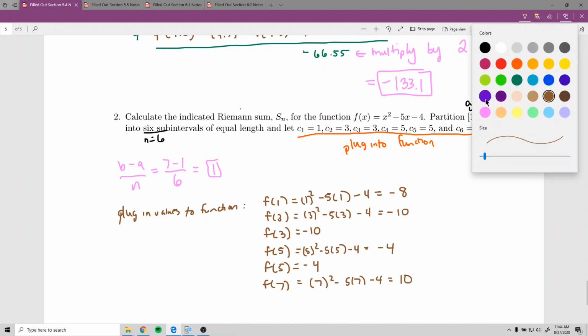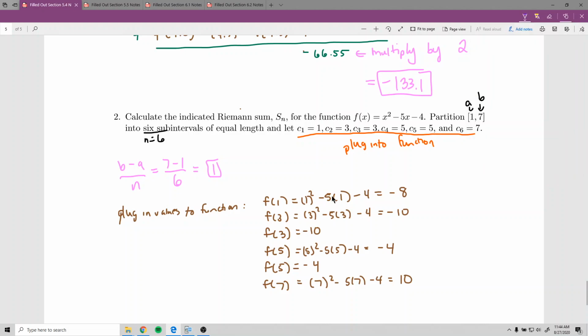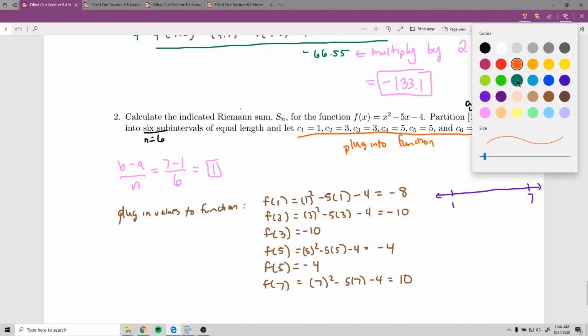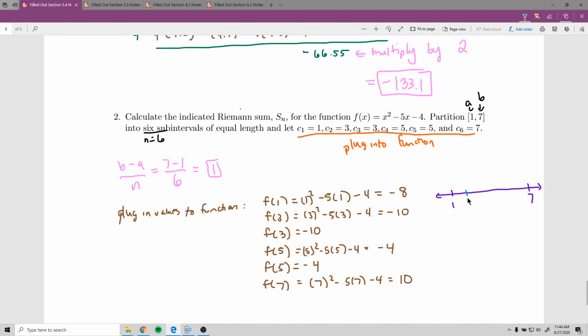All right, now why does it make sense that we can plug in the same number twice? Well, if I draw the interval out and break it down into 6 intervals, so we're going from 1 to 7, we know that b minus a over n is 1. What that means is that the next interval starts at 2, then 3, then 4, then 5, then 6, and then 7.